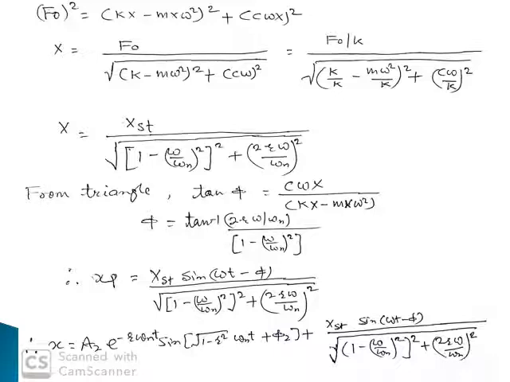Now we are dividing by k in numerator and denominator. So F0 by k, and in the denominator k by k, m omega square by k, c omega by k. This F0 by k is known as static deflection, with zero frequency, and it is denoted by x_st. K by k becomes 1.